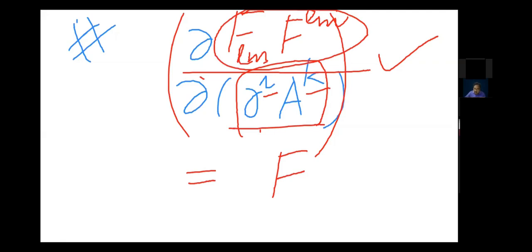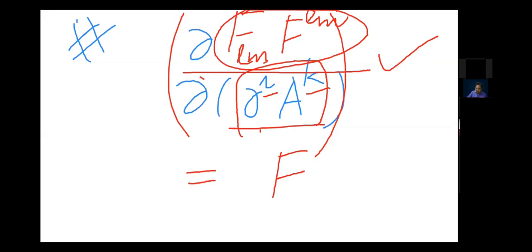Down below you have I and K. So there are two indices down below. And therefore the whole expression has to be a tensor of rank 2. These I and K both are the contravariant indices, but they are sitting in the denominator.